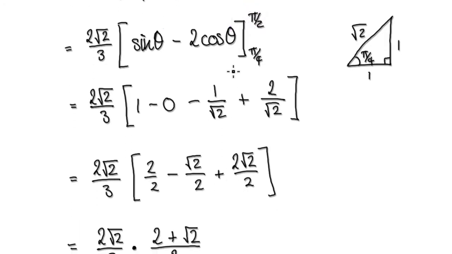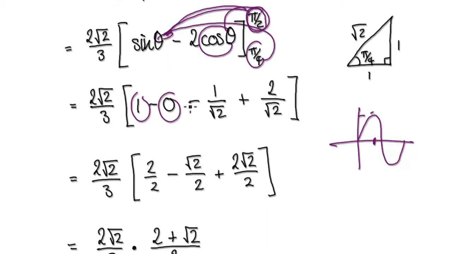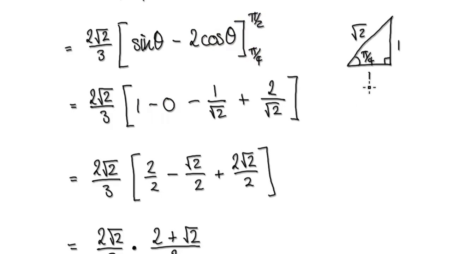So when you put 90 degrees into here, sine of 90 degrees is 1. So when you put pi over 2 into here, it would be 1. When you put pi over 2 into here, it would be 0. And then you take away, putting this into here. What is sine pi over 4?